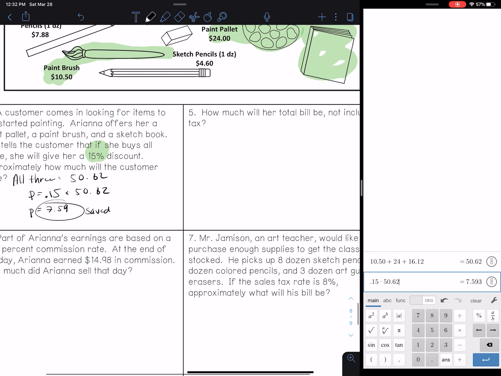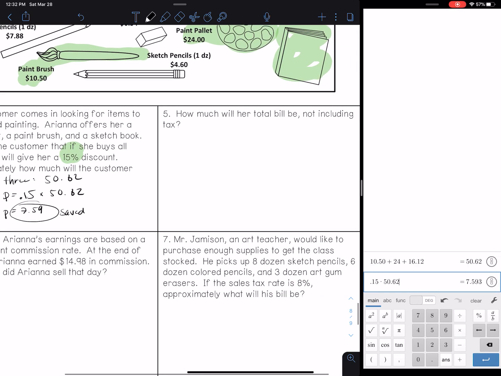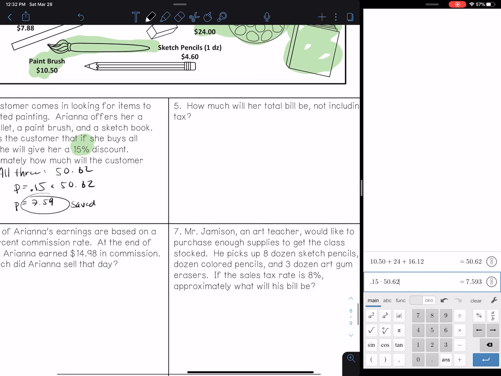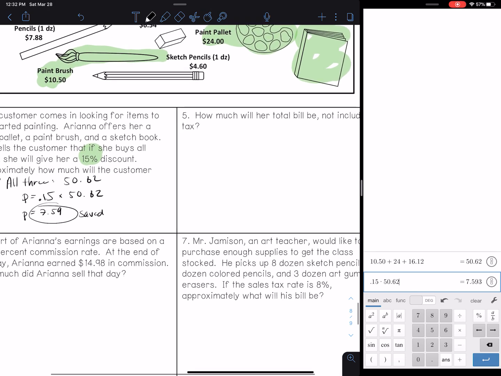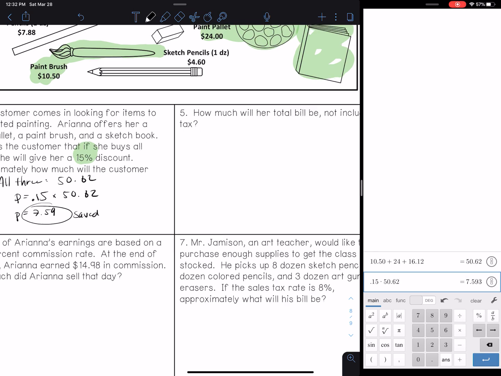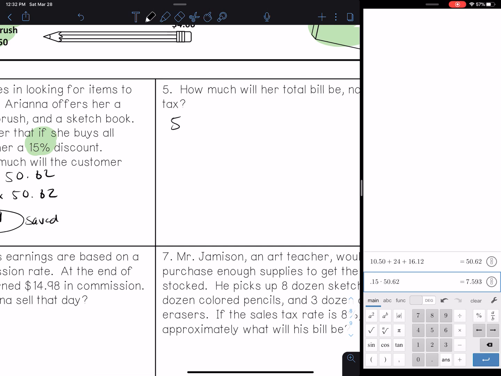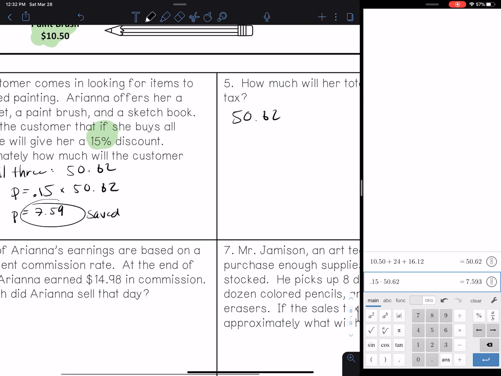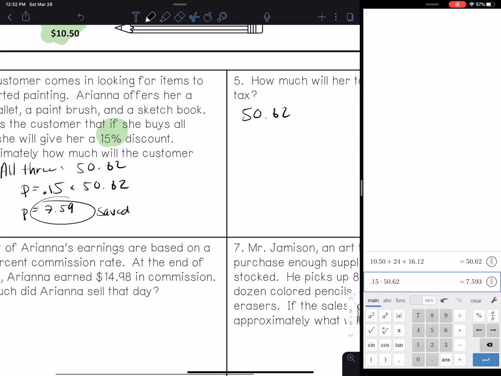How much will her total bill be, not including the tax? Well, originally, she was going to pay the original price, which was $50.62. Now she's going to pay $7.59 less.